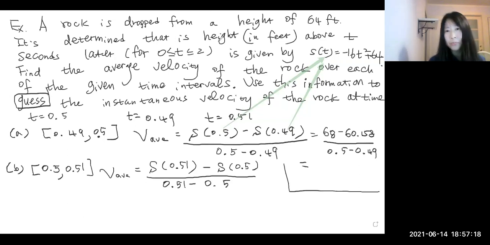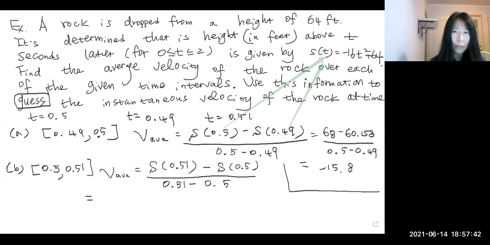The first one, what do you have? I got negative 15.8. Okay, how about the second one?